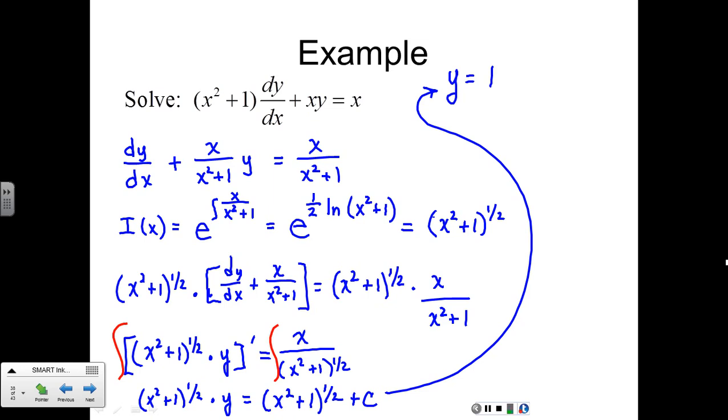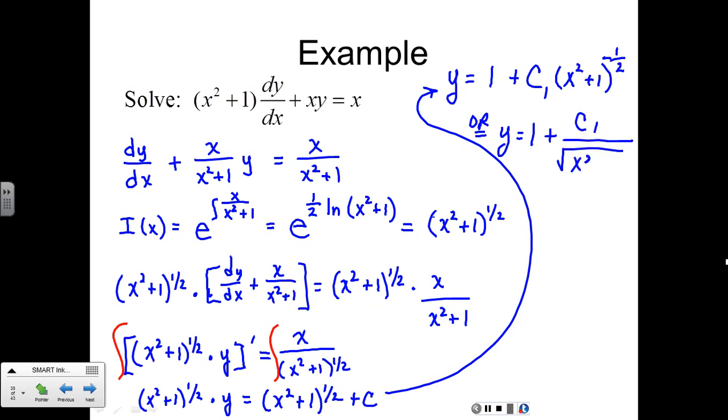Okay, plus, how about c sub 1 times x squared plus 1 to the what power? Negative 1/2. Or you could actually put C1 over x squared plus 1 to the 1/2. That's also a possibility.